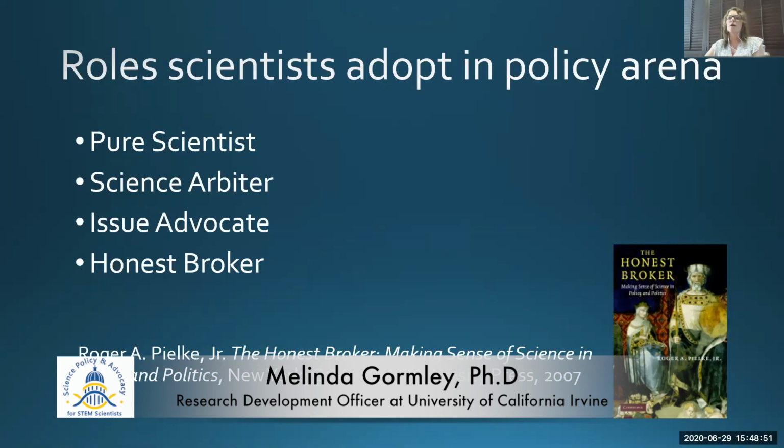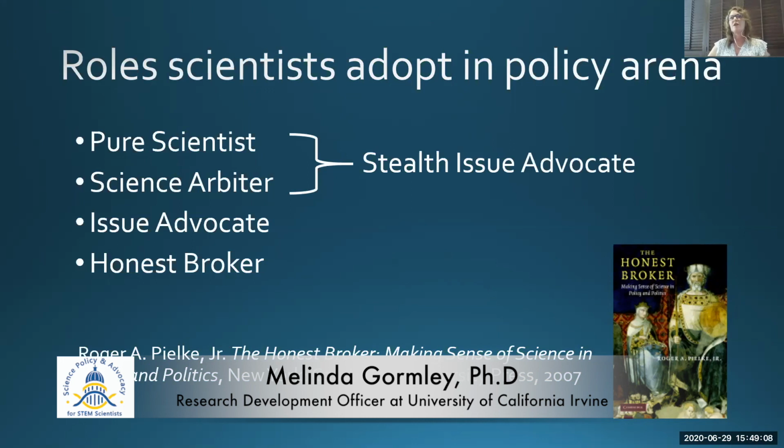So one other point that he does make in this is another reason to consider being someone who expands the number of options in the way that you talk about science policy issues. It can be very easy for all 3, the first 3, the pure scientist and the science arbiter, to become science issue advocates.